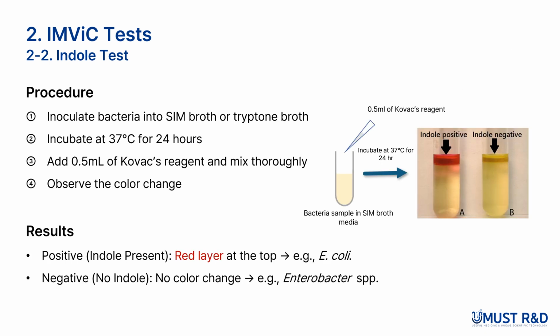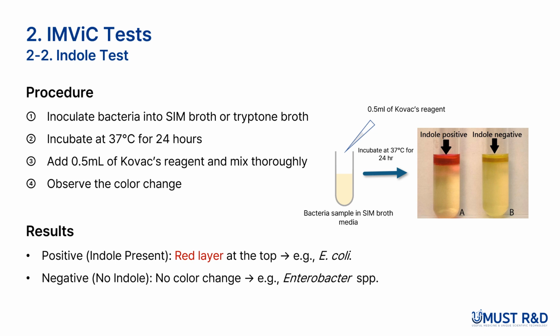To perform the indole test, we first inoculate the bacterial sample into a tube containing SIM broth or tryptophan broth, both of which contain tryptophan. The inoculated medium is then incubated at 37 degrees Celsius for 24 hours, allowing the bacteria time to metabolize the tryptophan if they possess the enzyme tryptophanase.